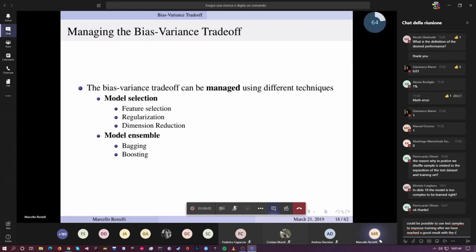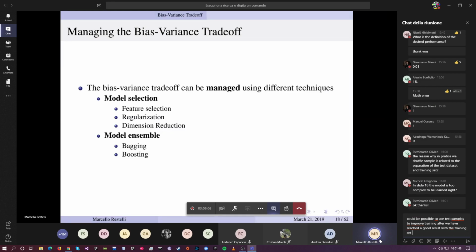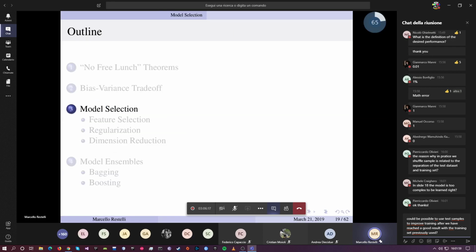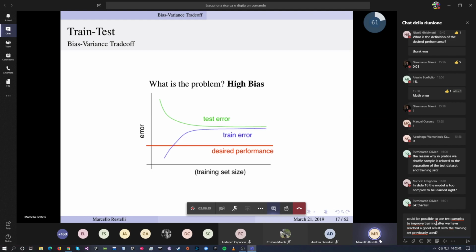In slide 18, there is no. So probably you mean 17. Because in 18 there is no case.